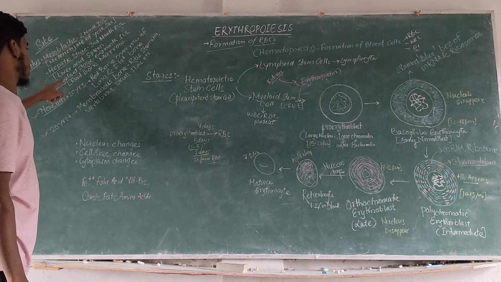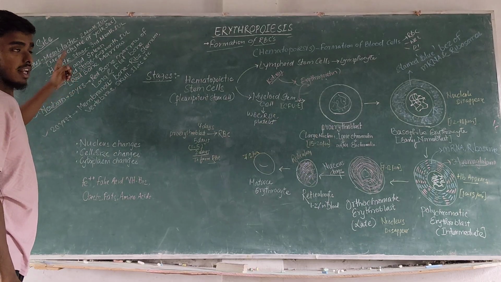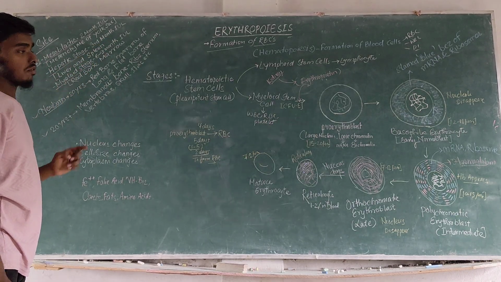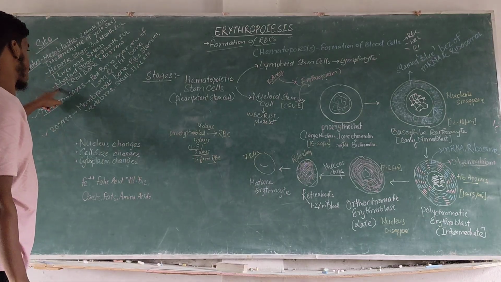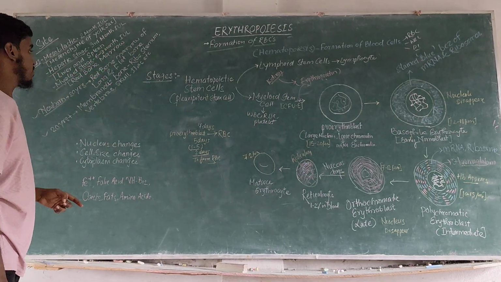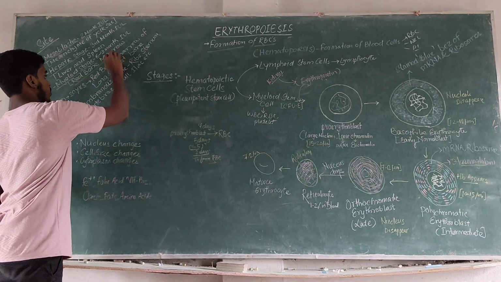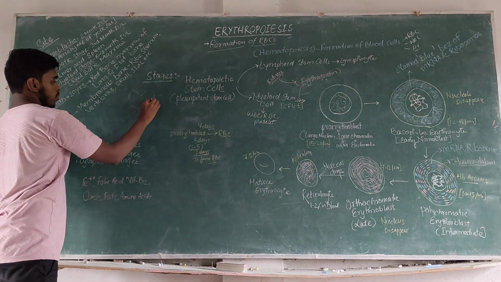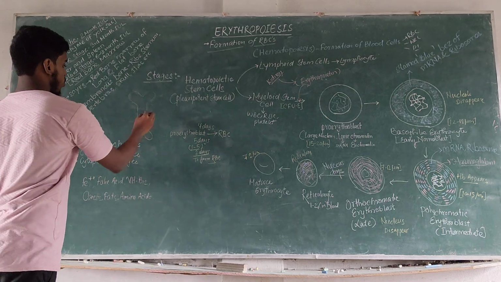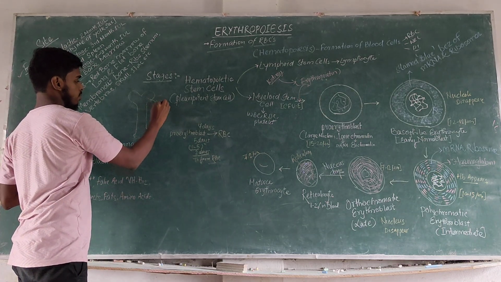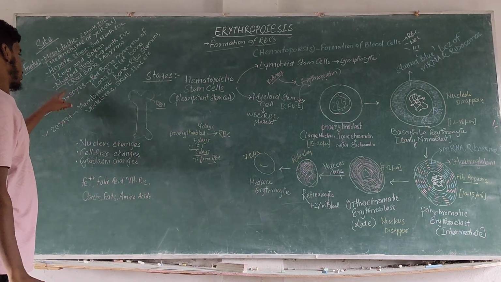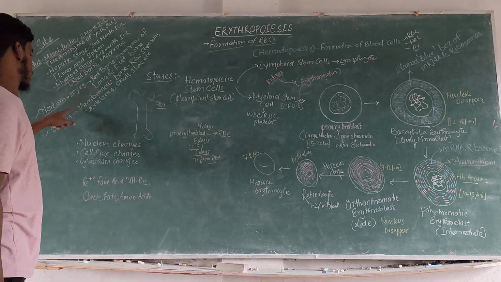In hepatic stage, liver and spleen produce erythrocyte in the 3rd month of intrauterine life. And myeloid stage, it is 6 to 9 months of intrauterine life, and here the red bone marrow produces the erythrocyte.